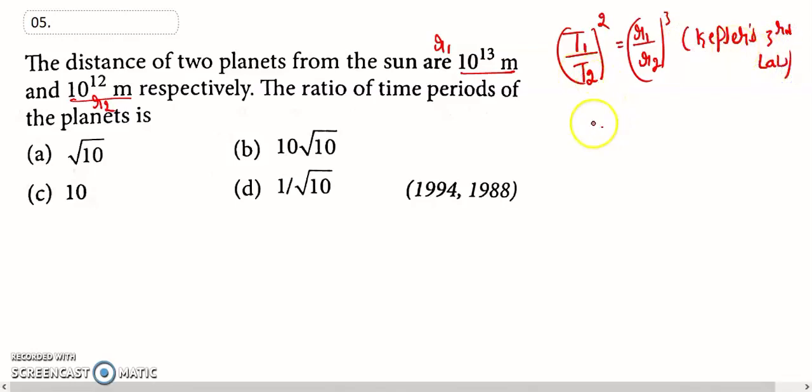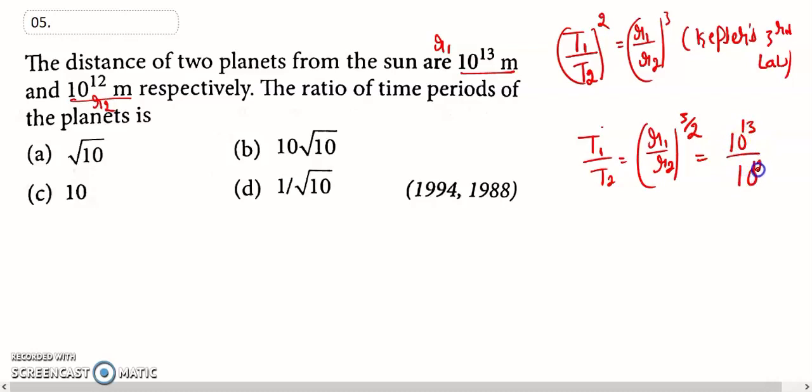So T1 divided by T2 is equal to (R1 by R2) whole to the power of 3 by 2. That is equal to, first distance, 10 to the power of 13 divided by 10 to the power of 12, whole to the power of 3 by 2.